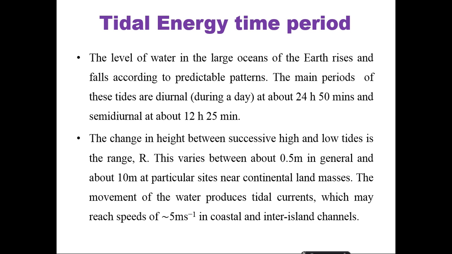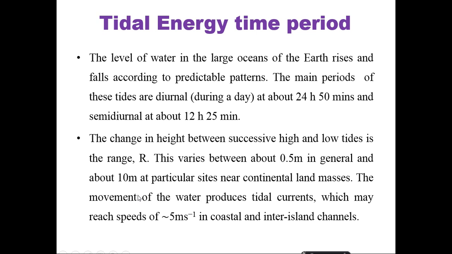So there could be a successive high tide and a successive low tide. The change in the height between high and low tide is known as the tidal range R. This varies between about 0.5 meter in general and about 10 meters for particular sites near continental landmass.